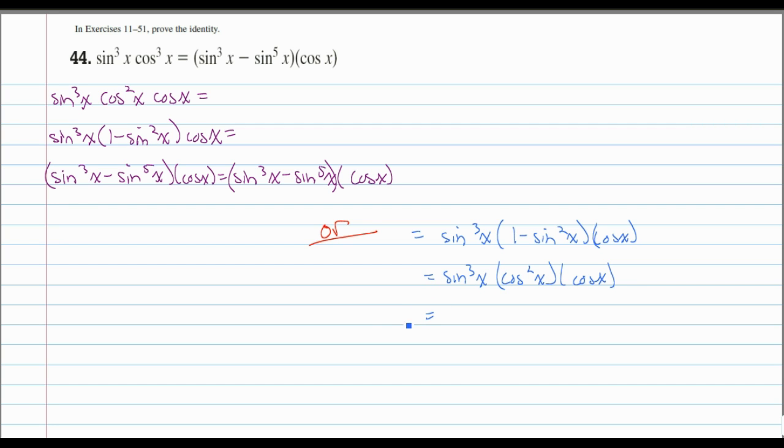And then my last step would be sine cubed of x cosine cubed of x equals the same thing, sine cubed of x cosine cubed of x. You don't have to work these from both sides at all. I just wanted to show you the left side versus the right side. In my opinion, they are very similar, equal difficulty. It's just a matter of which you want to start with first.